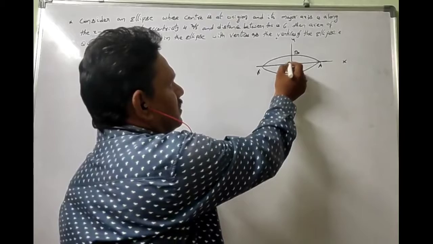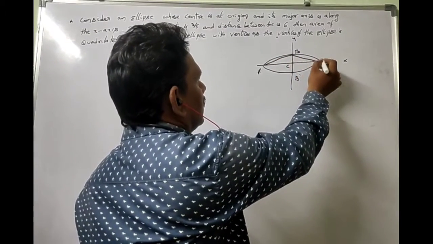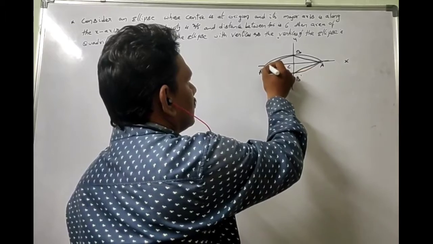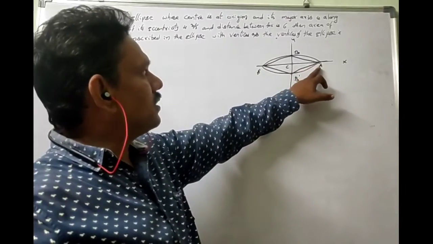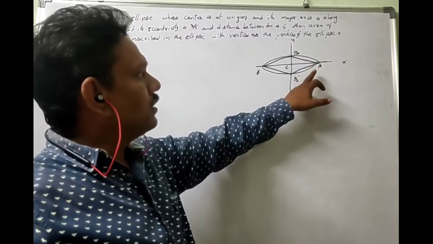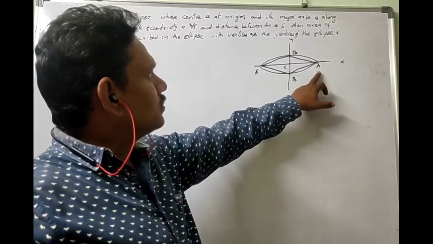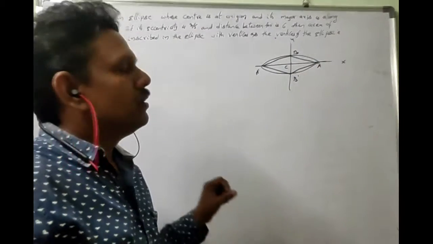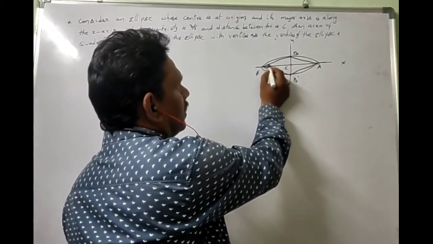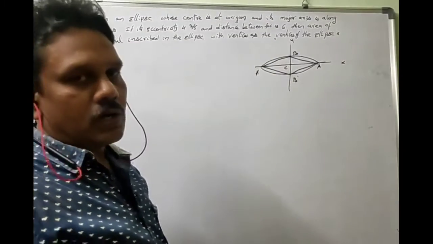With the same vertices we have to inscribe one quadrilateral in this ellipse like this. So the vertices of the quadrilateral are also the vertices of the ellipse, that means A, B, A dash and B dash. If you inscribe a quadrilateral in this ellipse, he is asking what is the area of this quadrilateral.